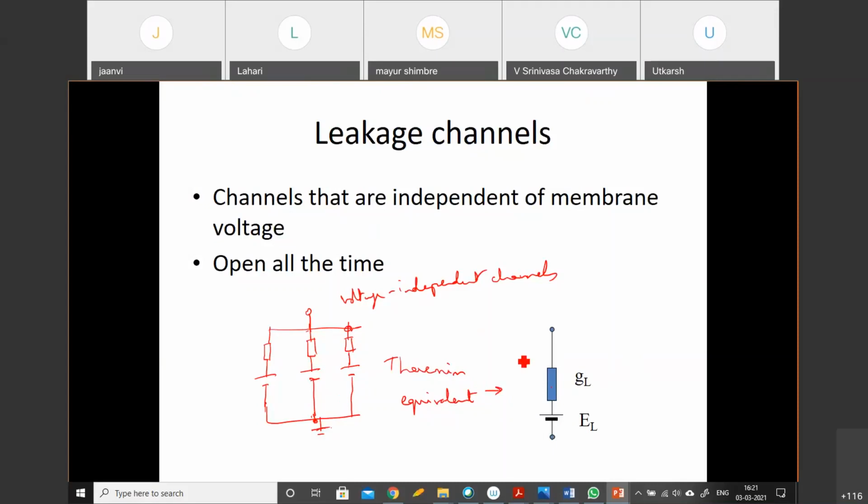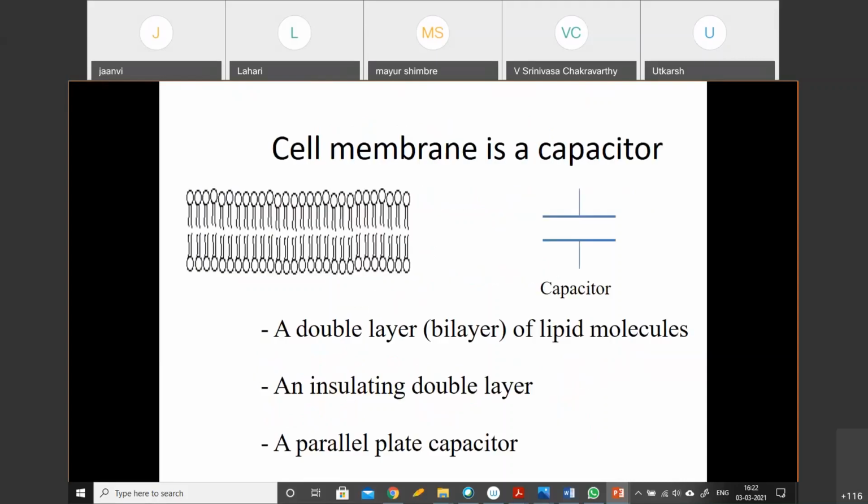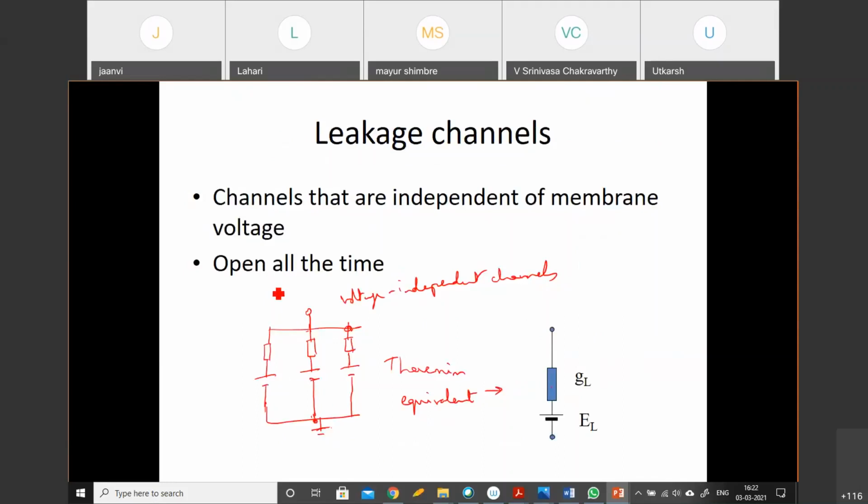So like that, you can construct an equivalent circuit. This is a reduced representation of all other channels which are not voltage dependent. Such channels are called leakage channels, because they're open all the time and they're kind of leaking ions or leaking current into the external space.